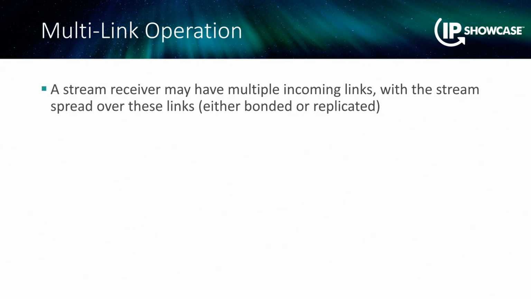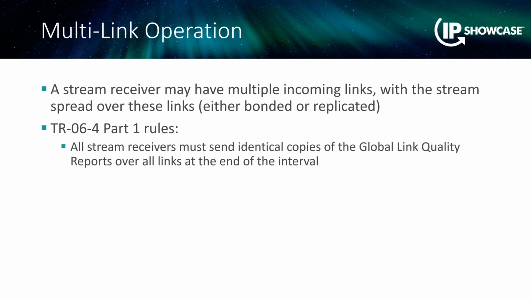So let's expand on multi-link, because this is one of the great features of RIST. Support for multi-link, which other protocols don't do. So we can now combine multi-link with source adaptation. We define the global link quality report as the overall, what you're receiving.